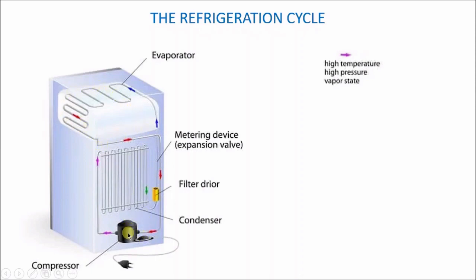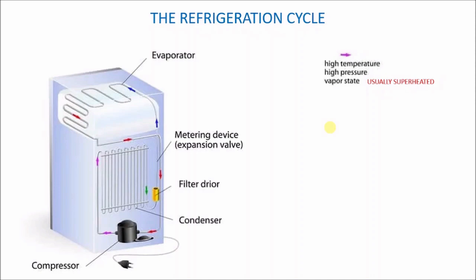And so as I was saying earlier, after the compressor, the refrigerant is going to be at a high temperature and high pressure, and the state in which it's going to be is vapor state. And usually it is superheated. Usually the state of the refrigerant after the compressor is superheated.